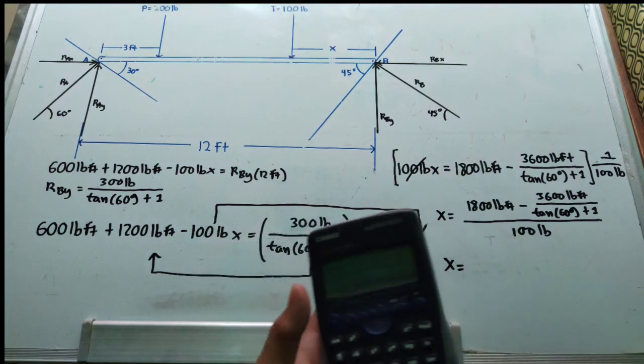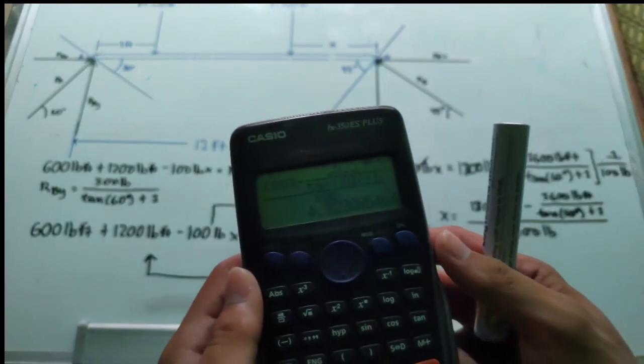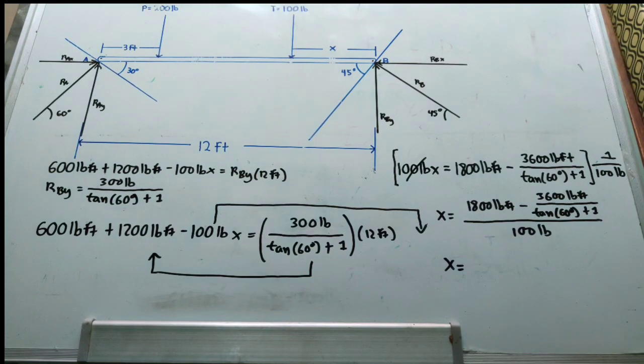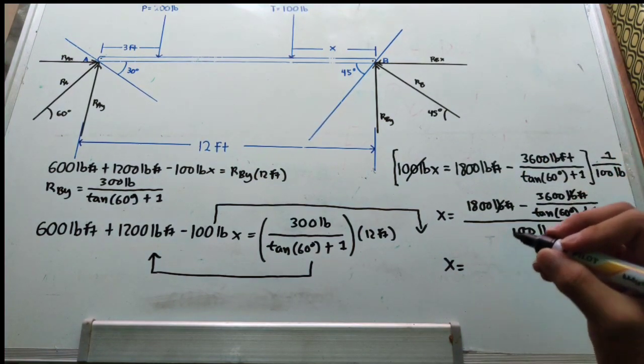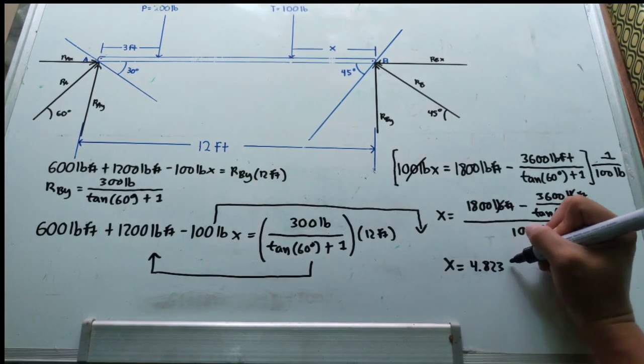We get 4.82 feet. So that cancels pounds, and we get 4.823 feet.